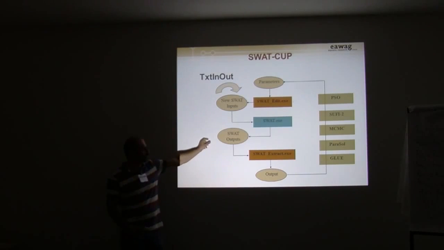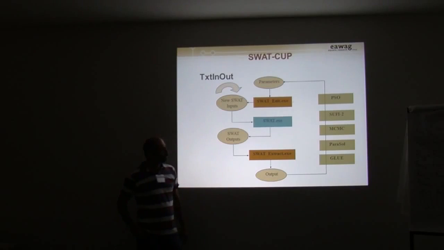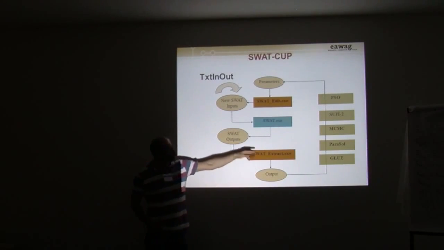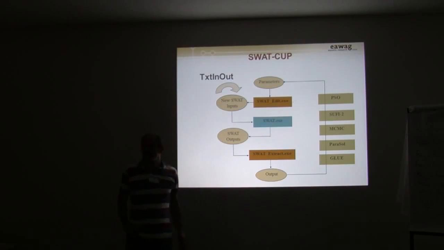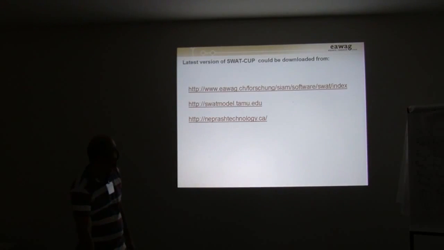So this file extracts those things, which you can then compare with your measurements. It puts them into output files, and then these programs analyze that output and come up with new parameters, and this repeats until some stopping rule is met for each program.